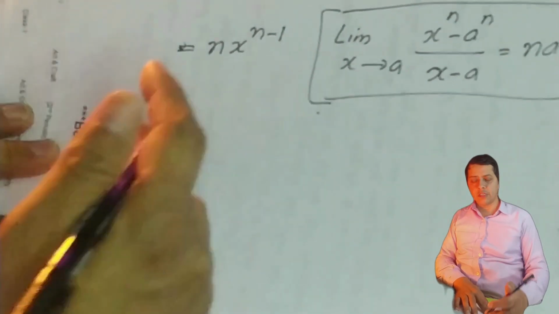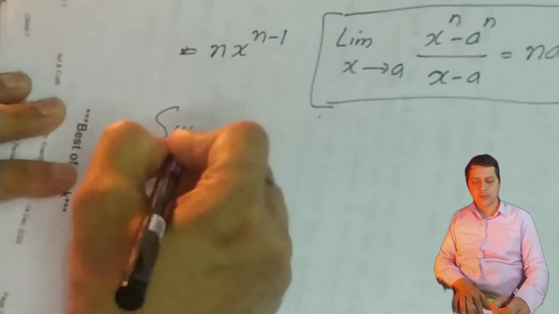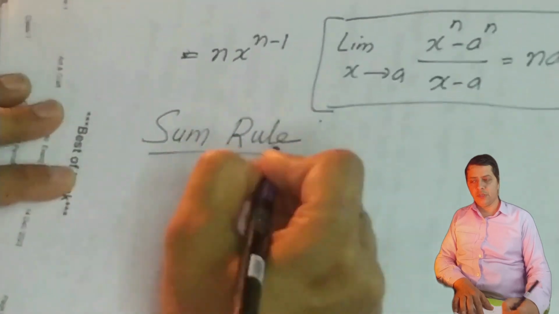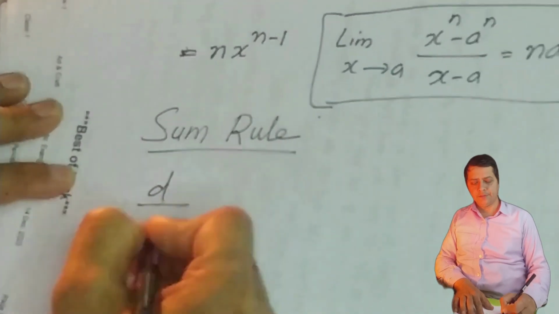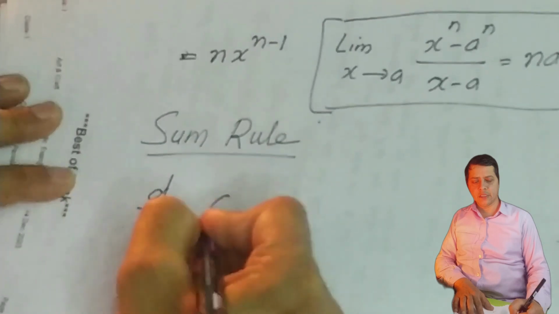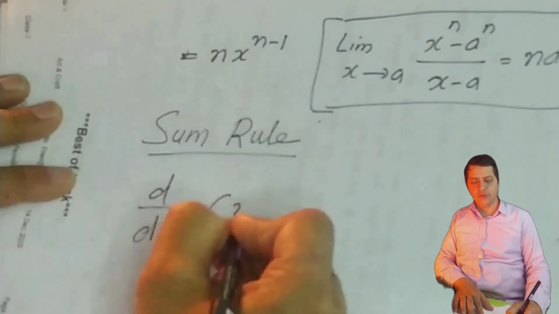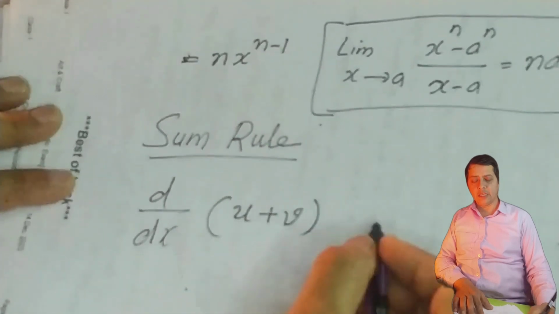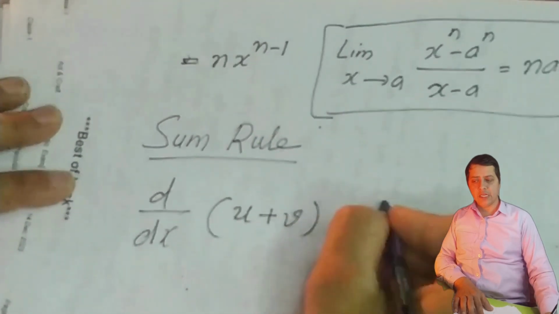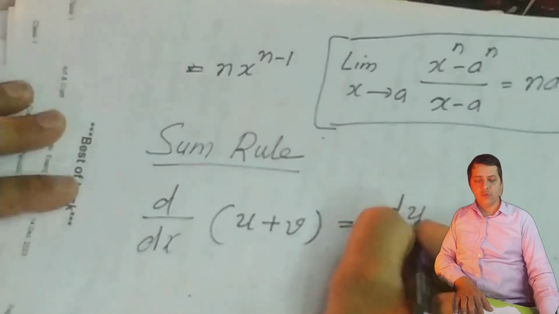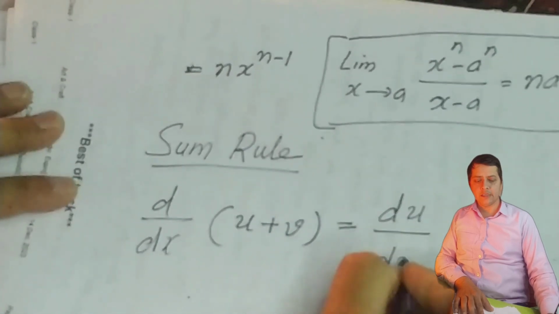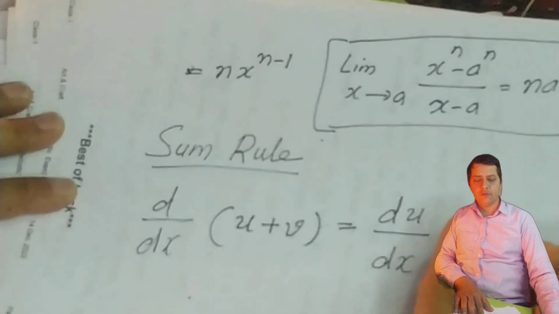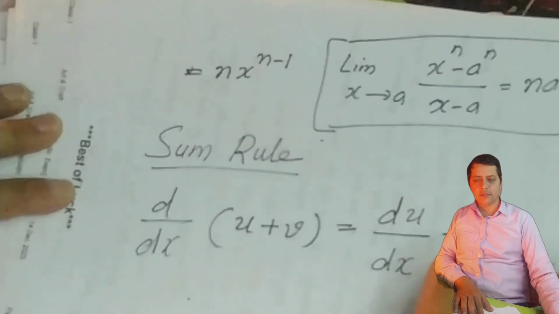So that's called sum rule. Here the sum rule, d by dx. Let's consider one variable as u and another variable as v. Anything, x, y, anything can be. Then what we can write is du by dx plus dv by dx.